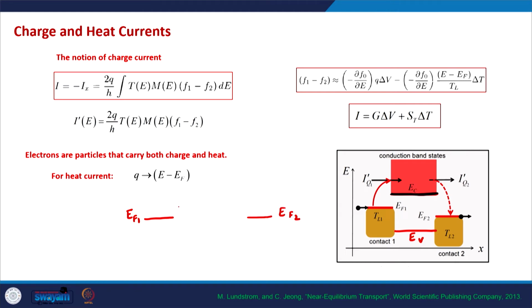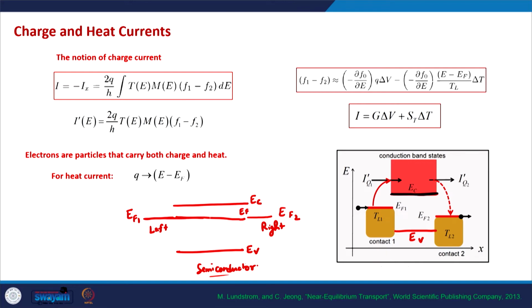If we are using an n-type semiconductor, the Fermi level in the semiconductor will be EF, and if it is n-type, the Fermi level will be closer to the bottom of the conduction band as compared to the top of the valence band. So this is the left contact, this is the right contact, and this is the semiconductor in between, and this is the equilibrium band diagram of the system.